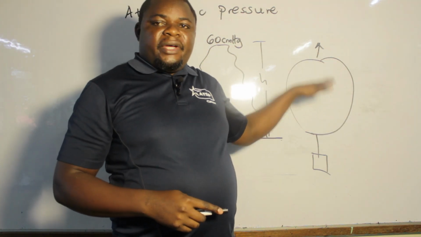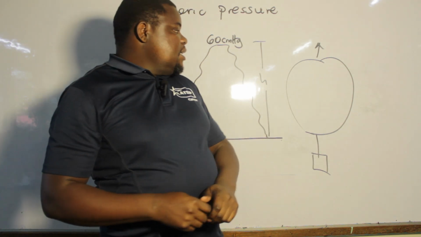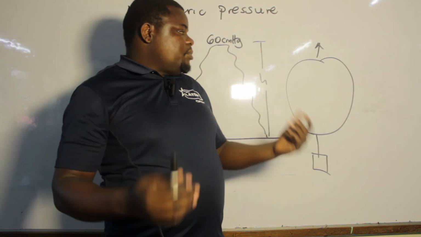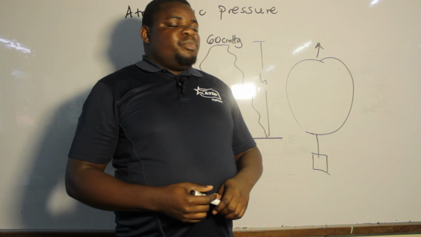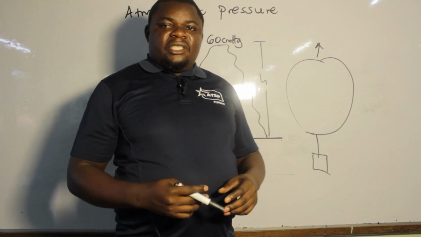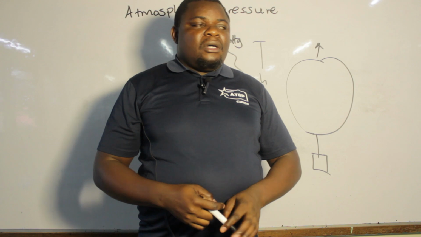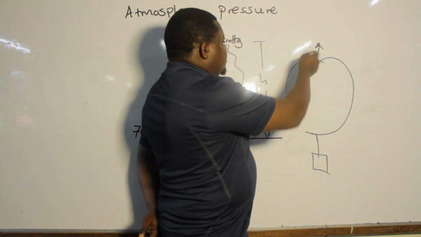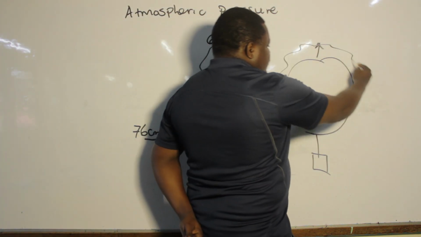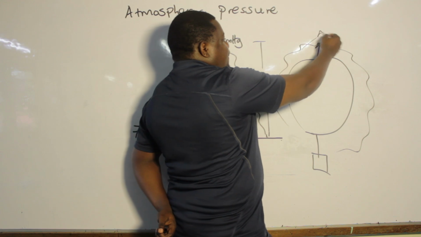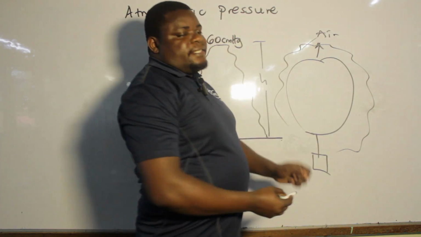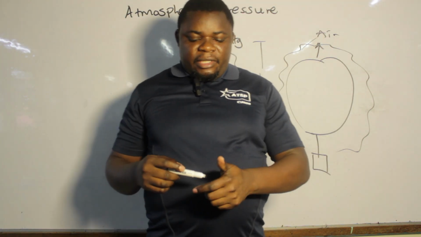We have the weight which is acting downwards. Then during that process, it's also experiencing atmospheric pressure. This is pressure due to the mass, that large volume of air which is around it. So this air is the one that exerts atmospheric pressure on the balloon.